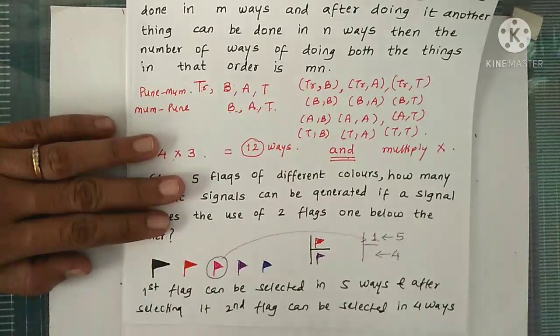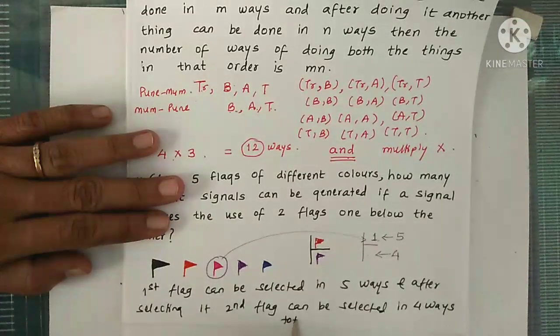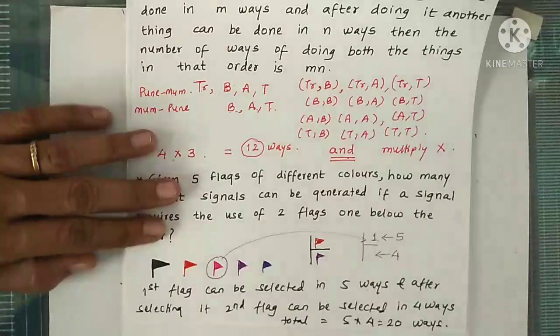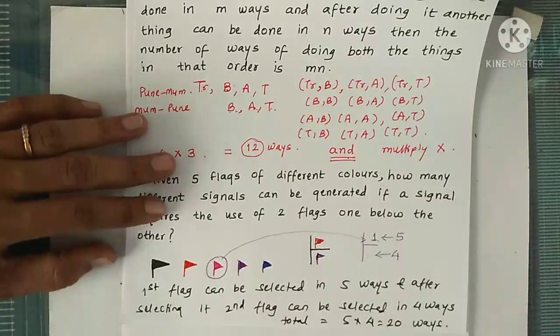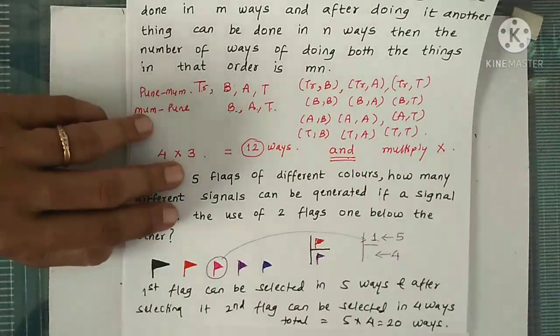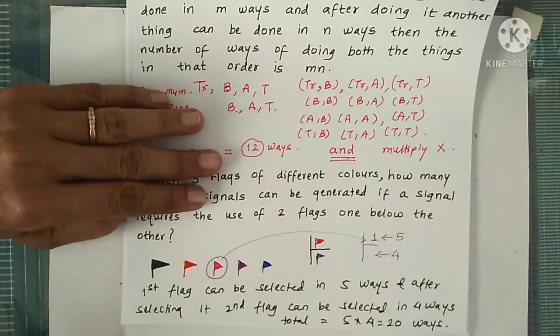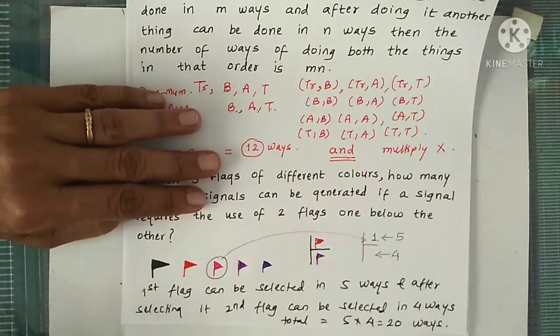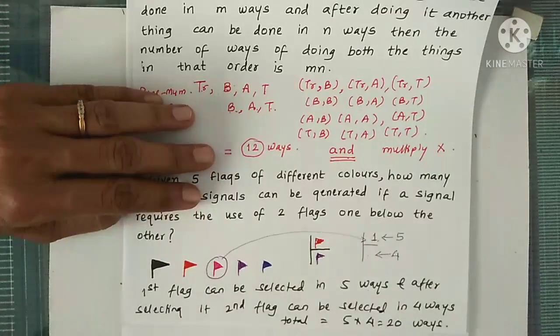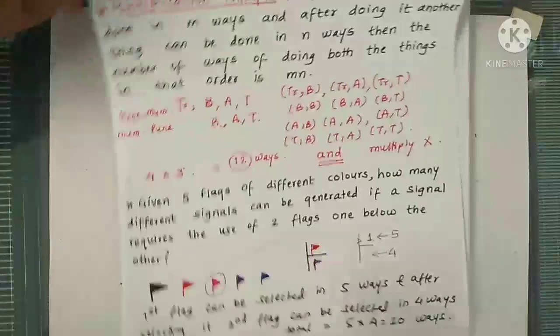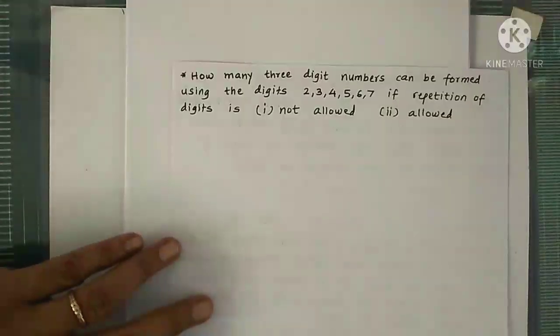Both means and. So whenever it is and, we have to multiply 5 into 4. So that can be done in 20 ways. As we have to select both, first can be done in 5 ways, second in 4 ways, so both can be done in 5 multiplied by 4. That is 20 ways. Okay, so this is our first question.